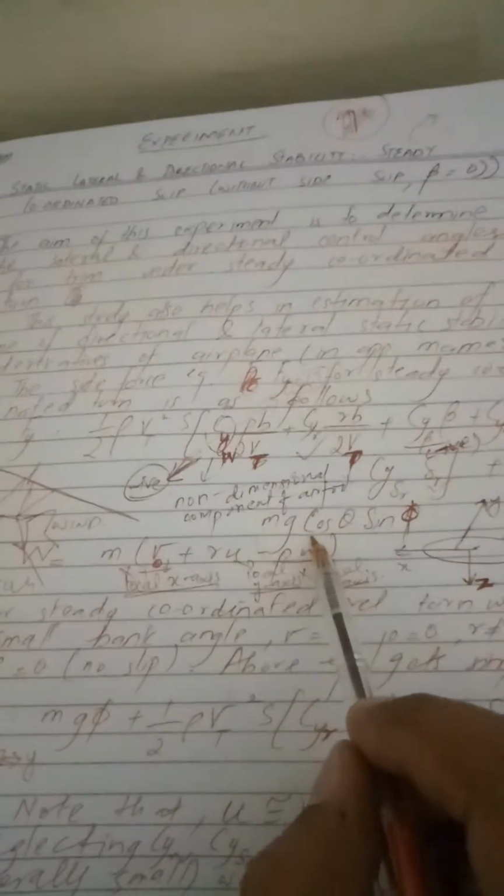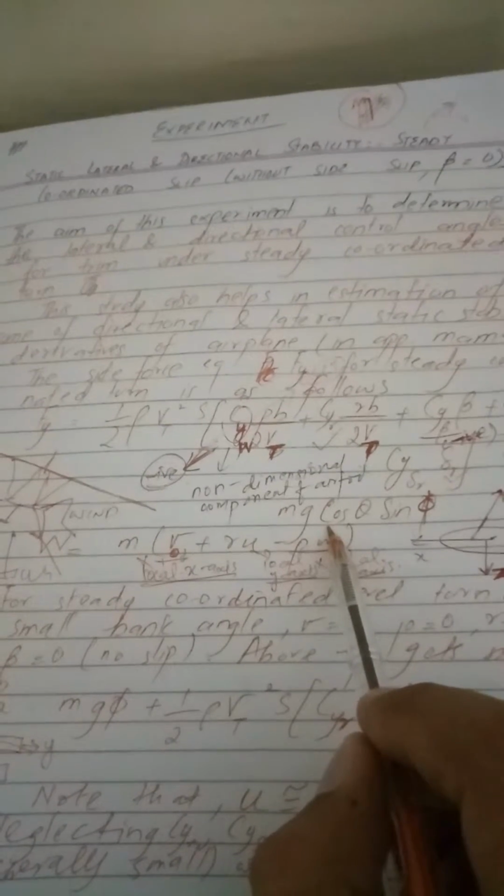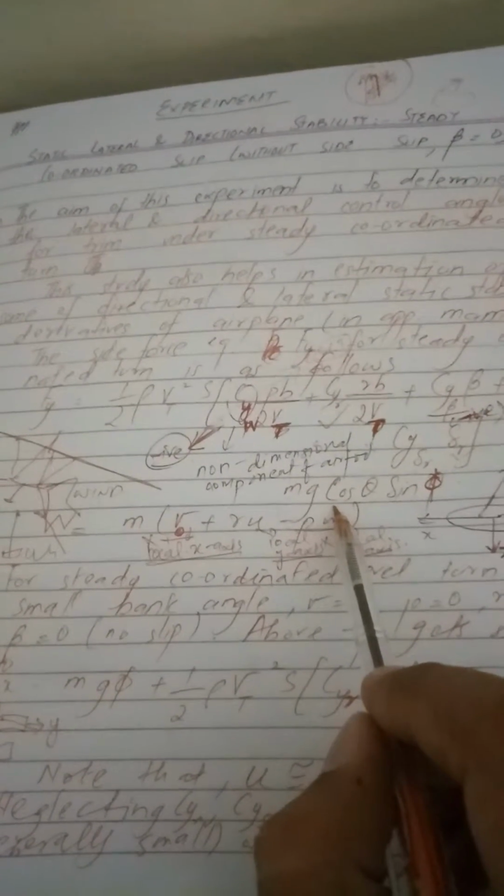This is the weight factor, and that is the aerodynamic forces, and the weight factor has been balanced by the lift factor, and that too is equal to the y, which is in the vertical position, corresponding to the lift as well.